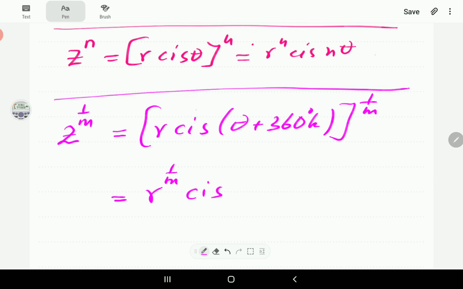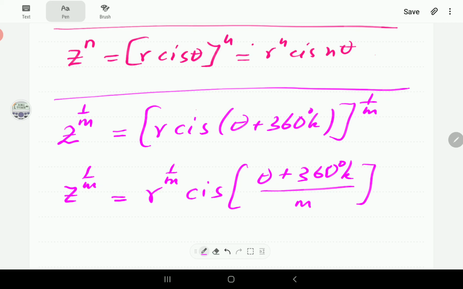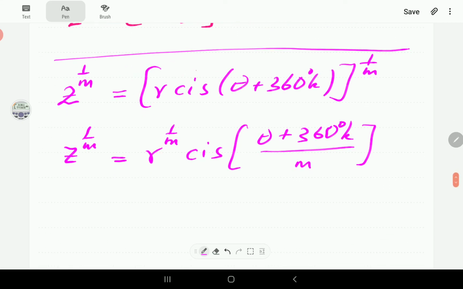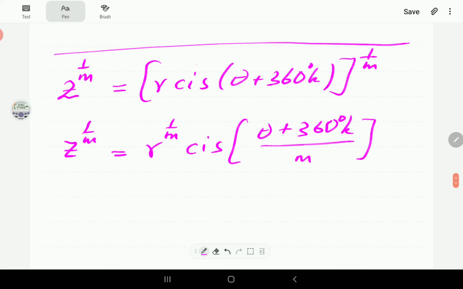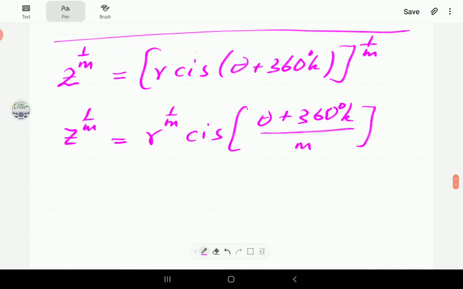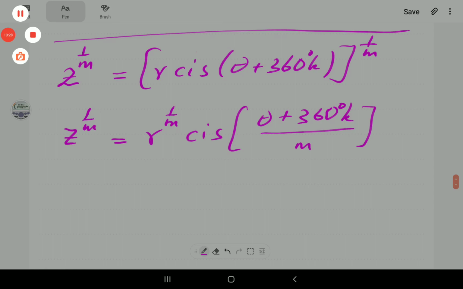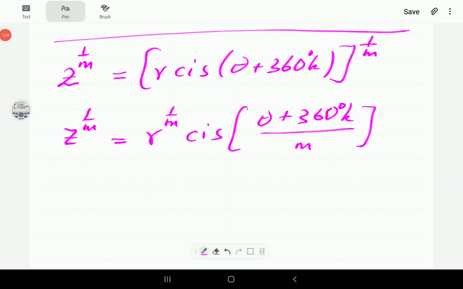So this is going to be cis of theta plus 360 degrees times k, all over m. And this is going to give us a formula for finding the mth roots of z.